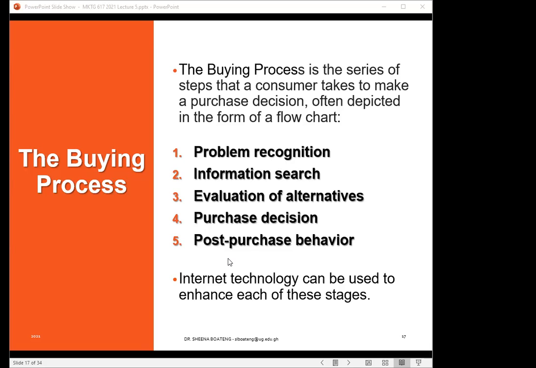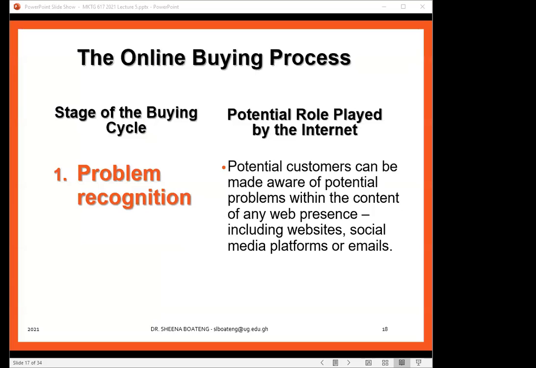Now, we are discussing the buying process here because internet technology can be used to enhance each of these stages of the buying process as we have discussed them. And we are going to look at how this will play out in the subsequent slides, starting from the problem recognition stage, right? And at this stage, the internet can play a specific role, and that is by making customers aware of potential problems within the content of any web presence that we as the e-marketer provide.